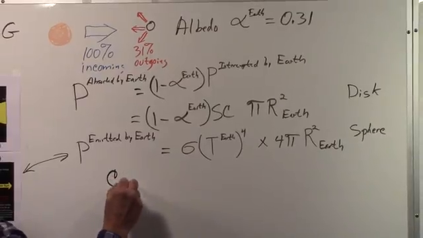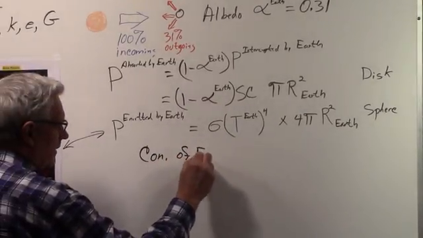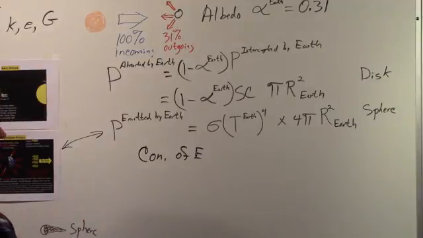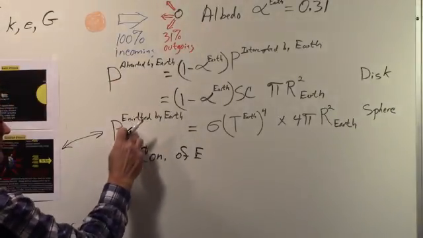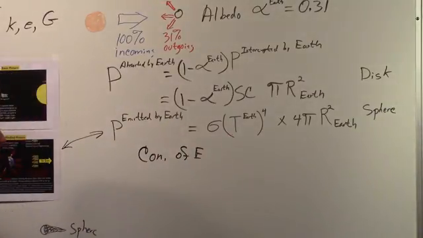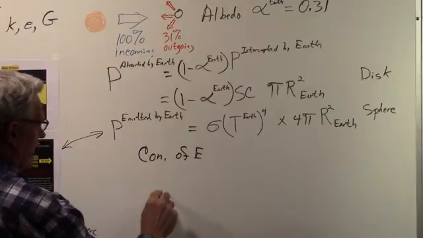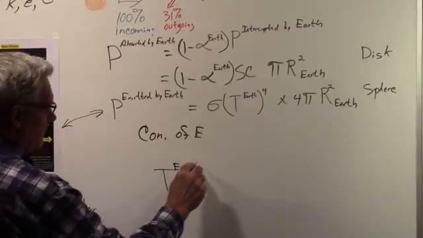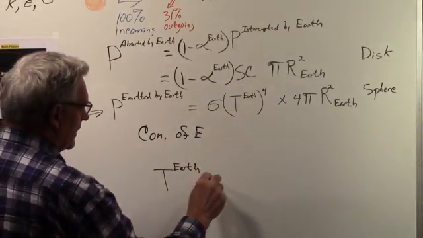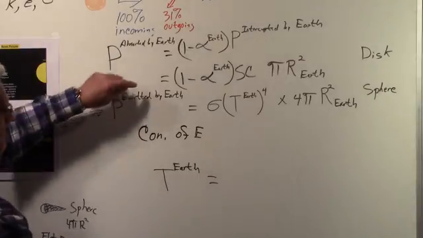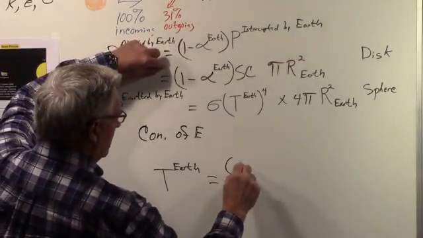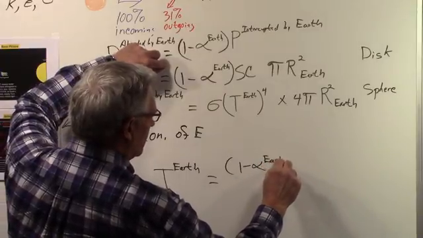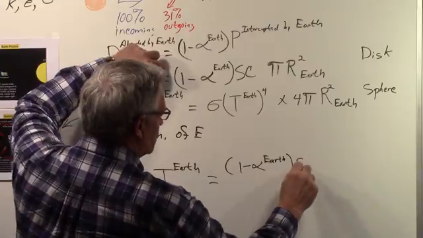So we have conservation of energy. We can look at this over some time, so we can look at it as the power being conserved. We can set these two equal to one another to solve for the temperature of the Earth. If we do that, the temperature of the Earth calculated from the solar constant is going to be equal to 1 minus the albedo for the Earth times the solar constant.